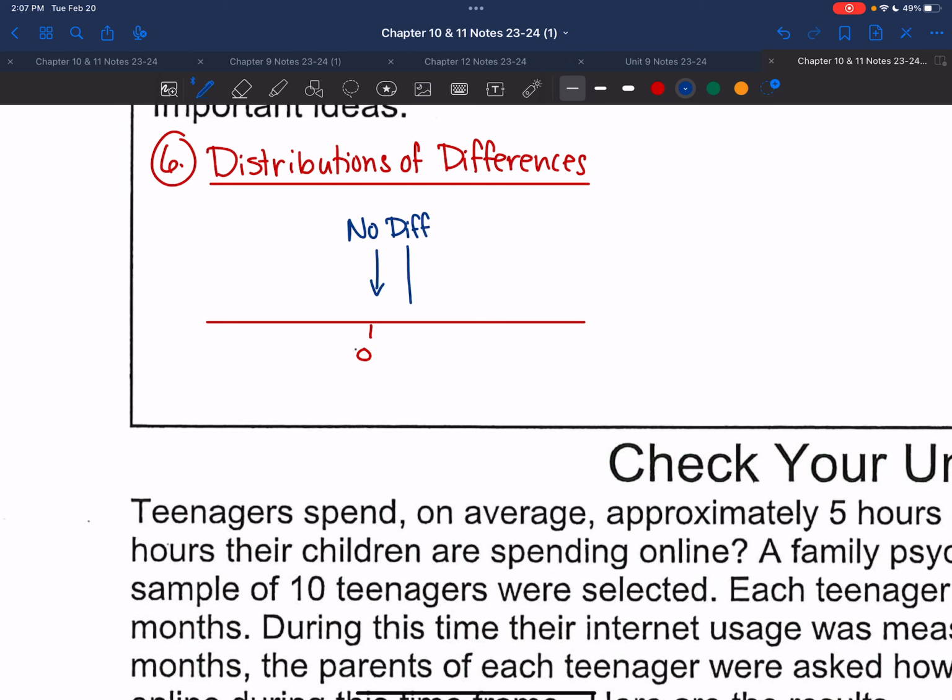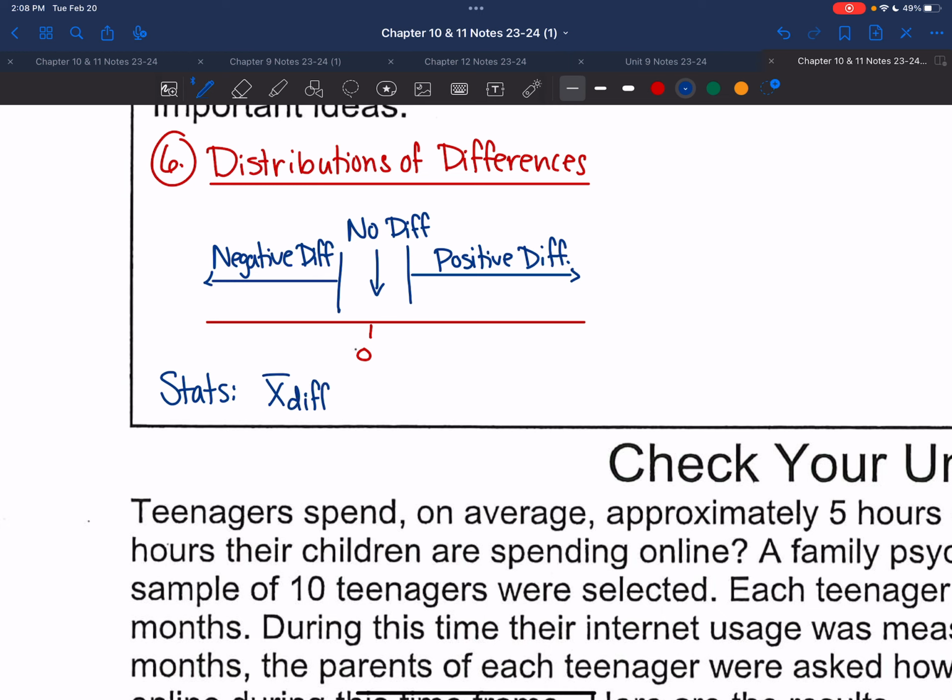And then everything above that or below that is a difference. Okay, so this would be a positive difference. This would be a negative difference. And then don't forget your statistics, okay, are X bar diff and S diff.